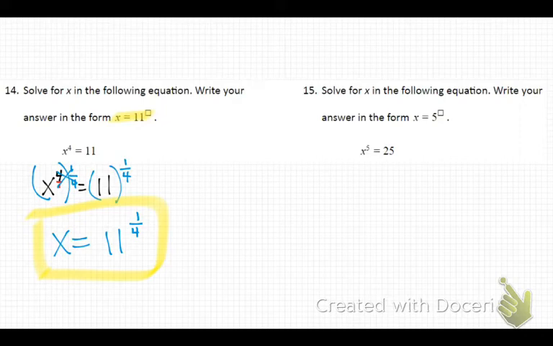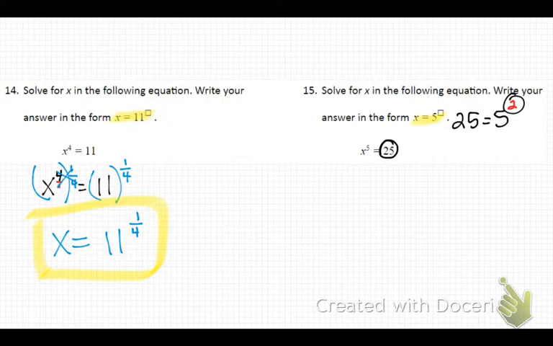Okay, number 15. It says in the form x equals 5 to some power. If I look at my question, am I starting x equals 5 to some power, or is that a different number? It's a different number. I have what number? 25. Can I write 25 as 5 to some power? Yes, 25 is 5 to the what power? 5 to the second power, right?